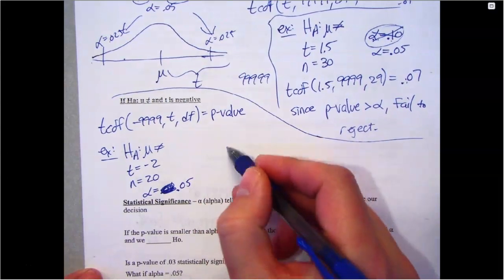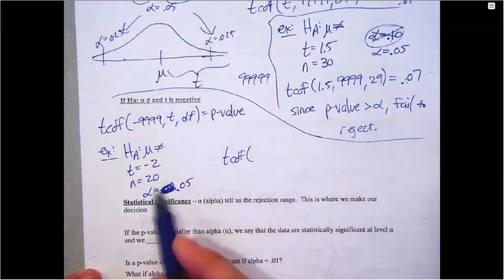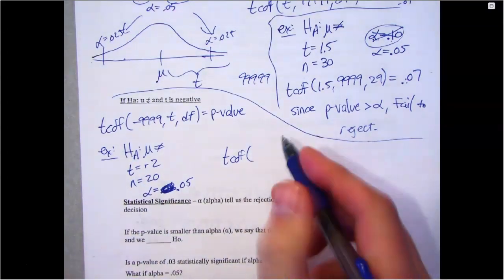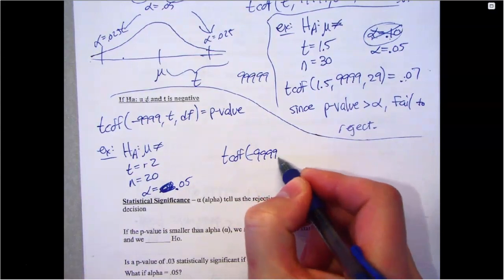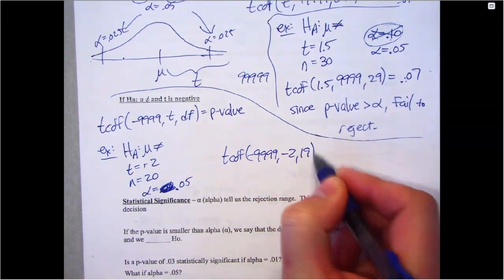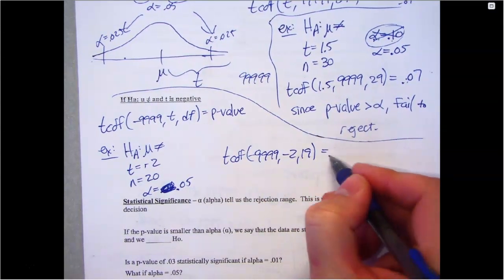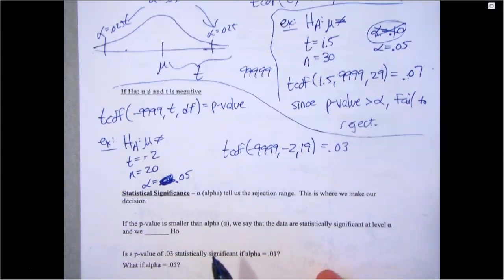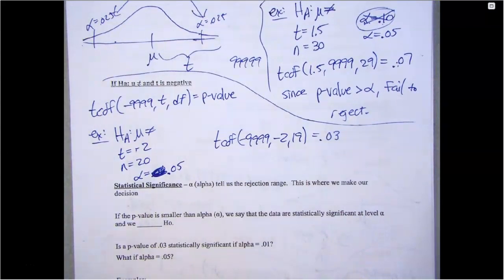So I would say tcdf. I'm on the left side of the graph, and I want to go more left. I want to go into the tail. So I want to go all the way to -2, 19, and I got 0.03. And then I got scared because that was exactly half of 0.06. So if I forget to cut the alpha in half, what would I do? Reject or fail to reject?